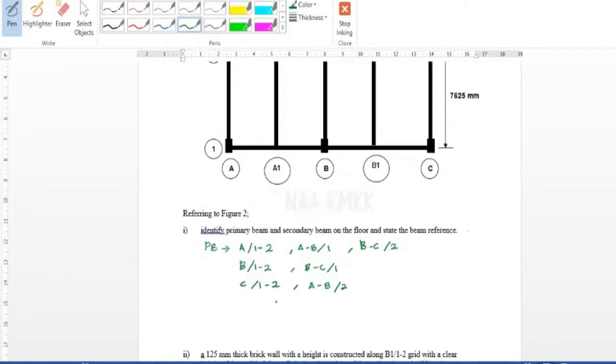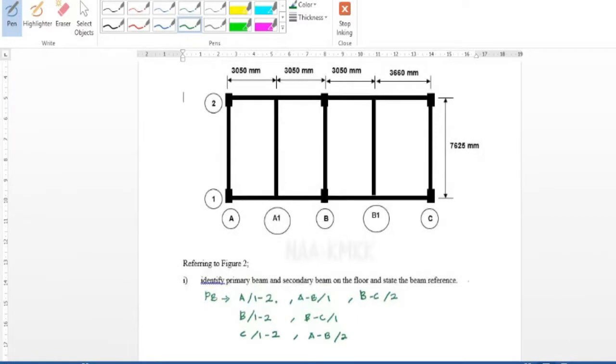Next is the secondary beam. What is meant by secondary beam? A secondary beam is a beam which is supported by another beam. So as we can see here, the secondary beams are beam A1, 1, 2, and beam B1, 1, 2.